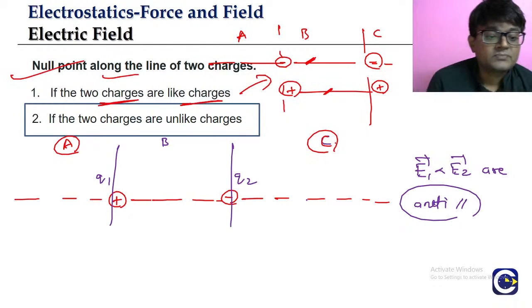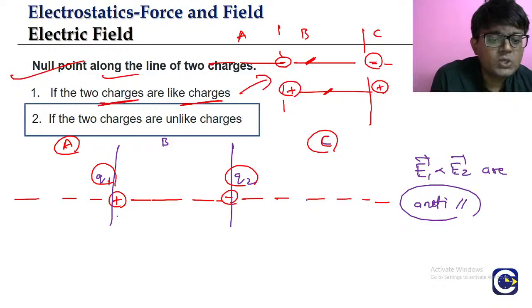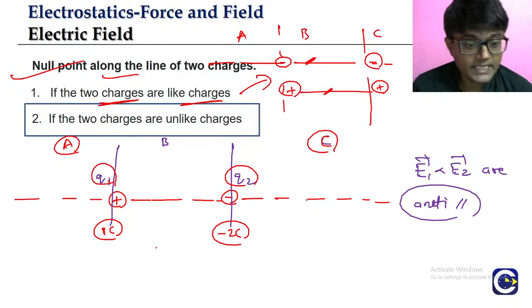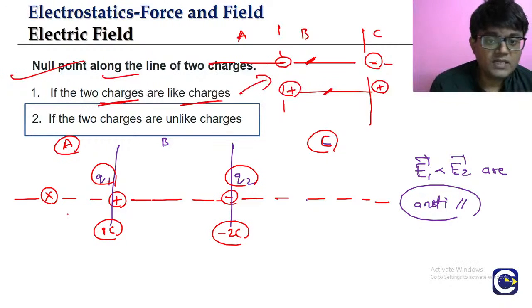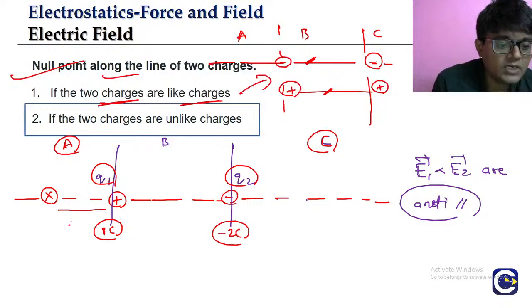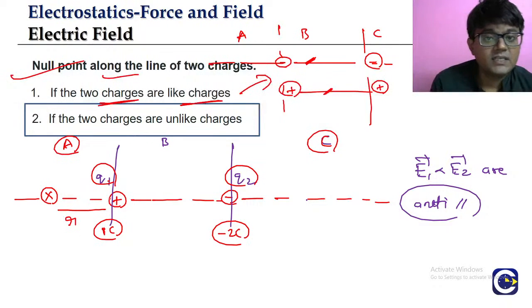Why? If you look at the charges, let us take sample values. Take q1 as 1 coulomb and q2 as -2 coulomb. Now mark a point in region A, at a distance r from the charge q1.